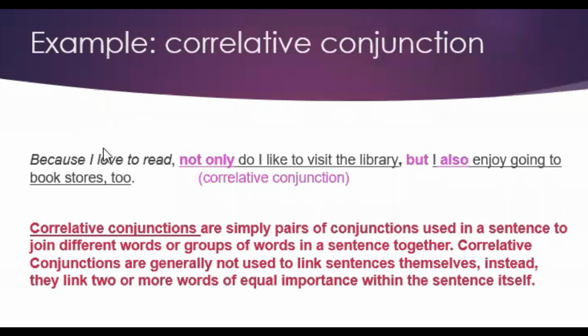"Relative" means that it's relating one part or a group of words to another group of words in the sentence. "Because I love to read," that is our dependent clause. "Not only do I like to visit the library, but I also enjoy going to bookstores too." So we see we have our independent clause being joined to our dependent clause here with a correlative conjunction.